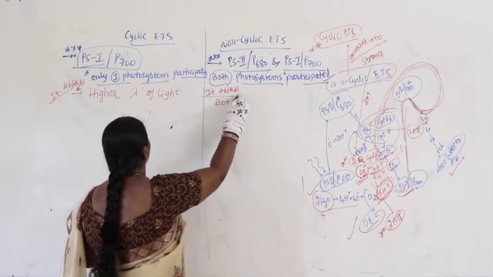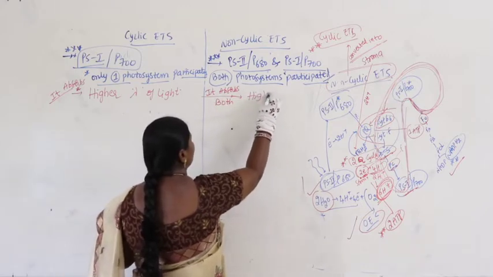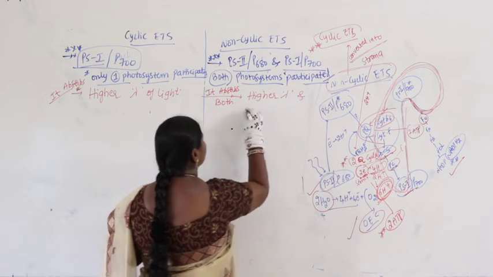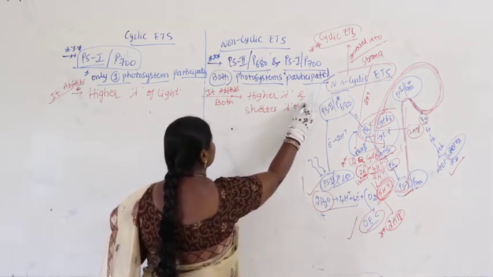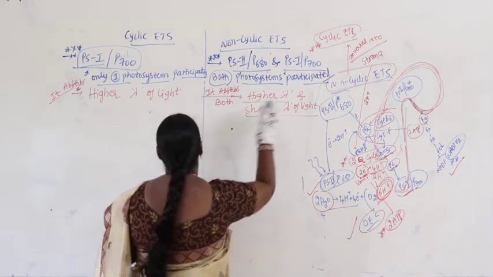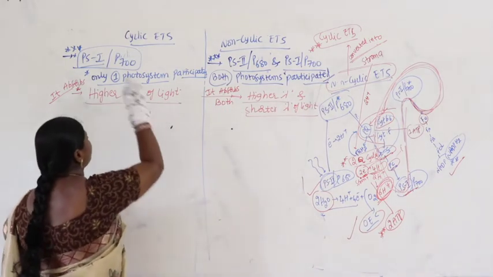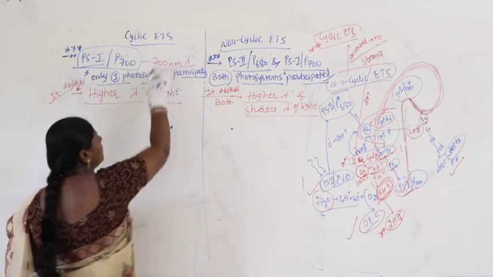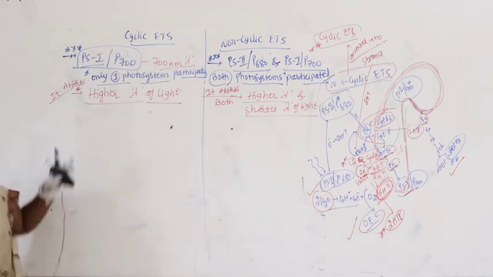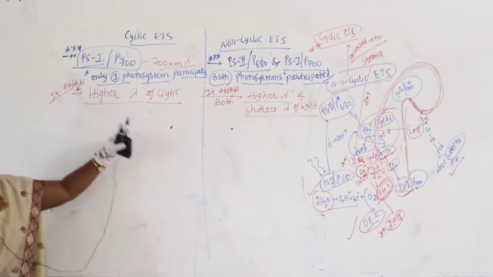Both means which one? Higher wavelength as well as shorter wavelength of light. What's the meaning of this? Higher wavelength of light means 700 nanometers. Here only it operates and absorbs the higher wavelength of light.